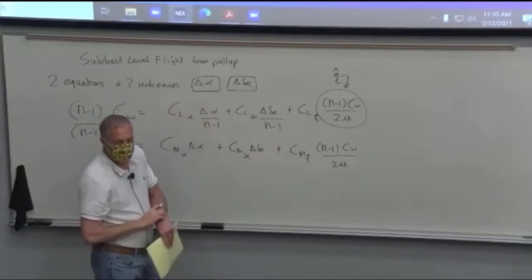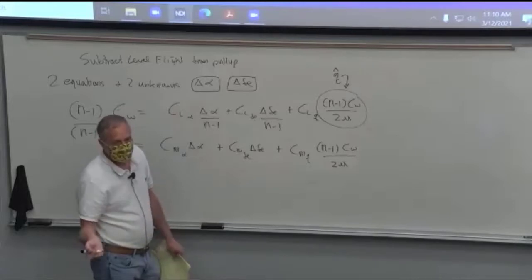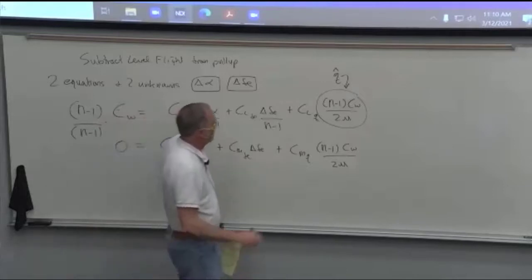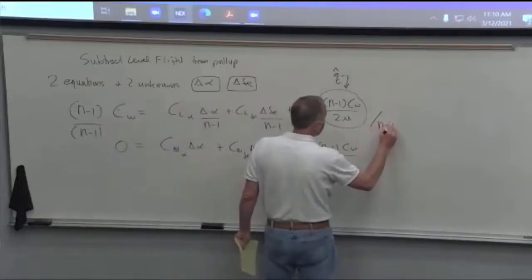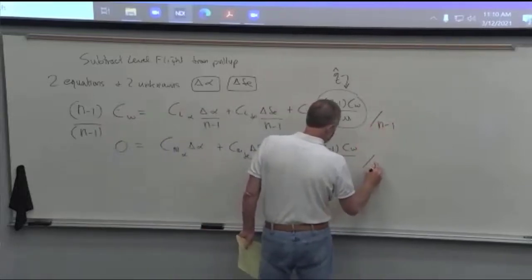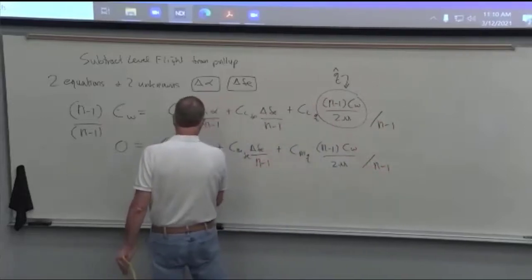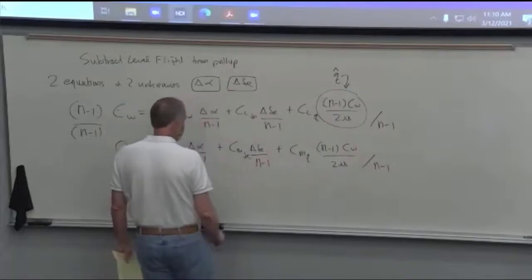If we're flying a 3G pull-up, level flight's 1, so we get 2 extra Gs. Sounds kind of weird, doesn't it? And then we're dividing this by n minus 1. So that's the reason that he formulates it like this in the book.